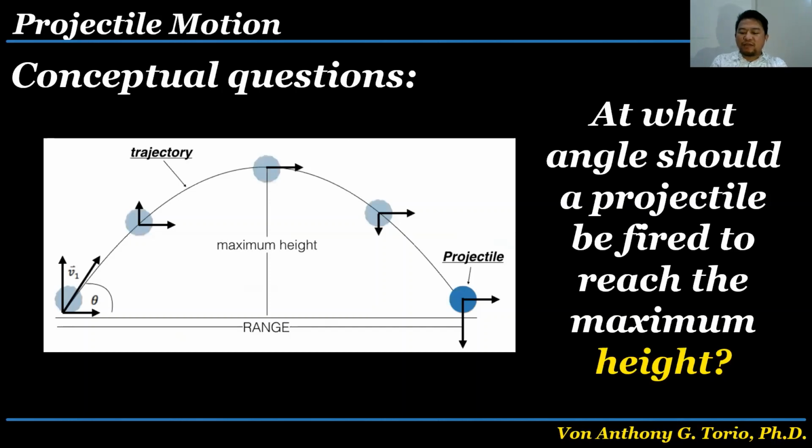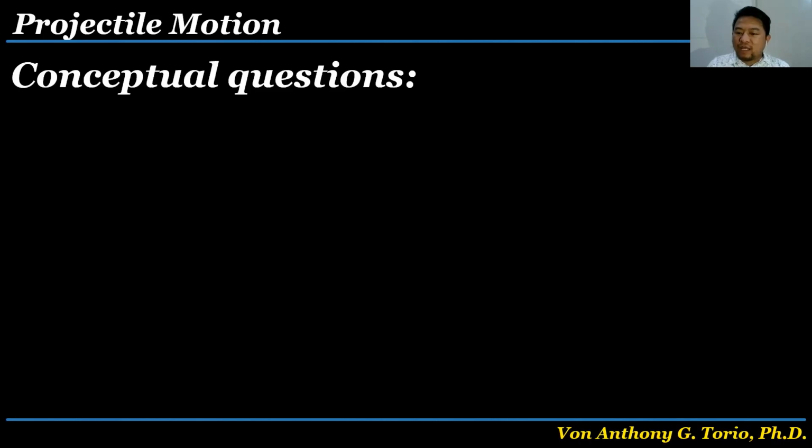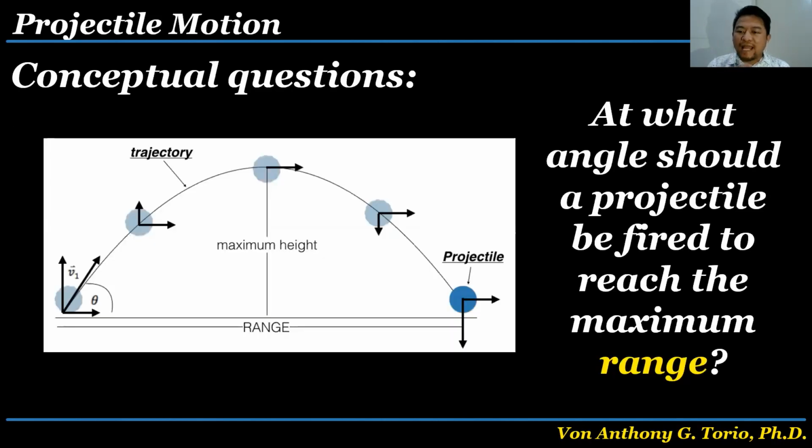Again, with respect to the horizontal, you should throw it at 90 degrees. And at what angle should a projectile be fired to reach the maximum range? Again, that's at 45 degrees.